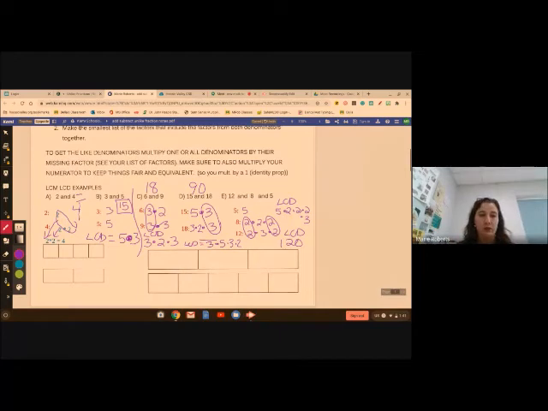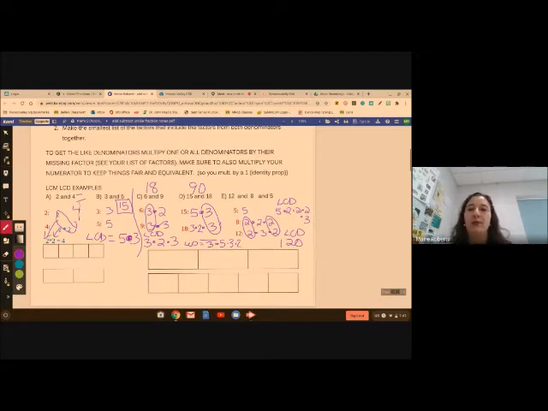So this way is also beautiful, because if I want to know what do I need to multiply 6 by to get the 18, I know it's 3. That's what's left there. If I want to know what to multiply the 9 by, the leftover factor is 2. If I want to know what to multiply the 5 by, it's going to be 2, 2, 2, 3.